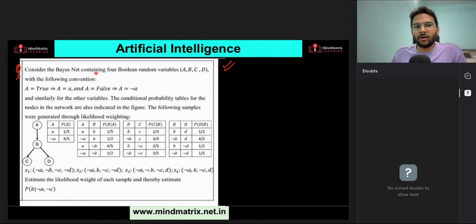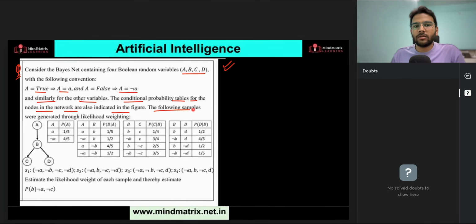Consider the Bayes net, or Bayesian network, containing 4 Boolean variables A, B, C, and D with the following convention. If it simply says A, that means true, and A equal to false you can write as not of A. It is applicable for other variables also, like B, C and D. The conditional probability tables, CPTs, for the nodes in the network are also indicated in the figure.